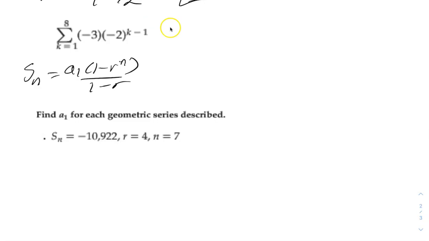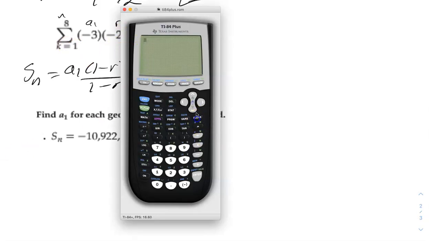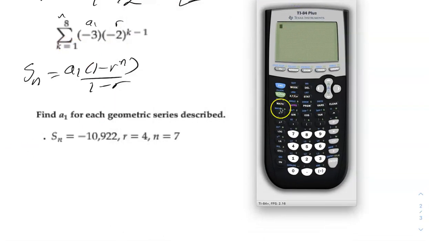Because everything's there. Look, this is a geometric form. This is my A1, this is my R, this is my N. So I could type it all in there and do the exact same thing. Or on your calculator, if it's updated, it does summation for you. If you go to Math, toward the bottom, there should be a summation.